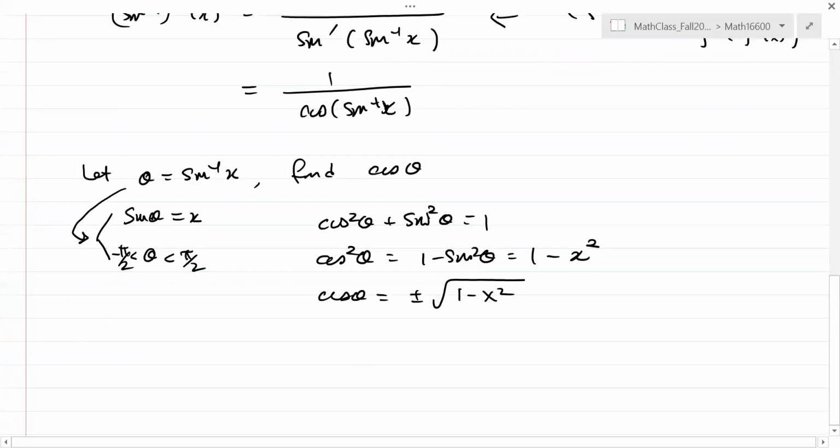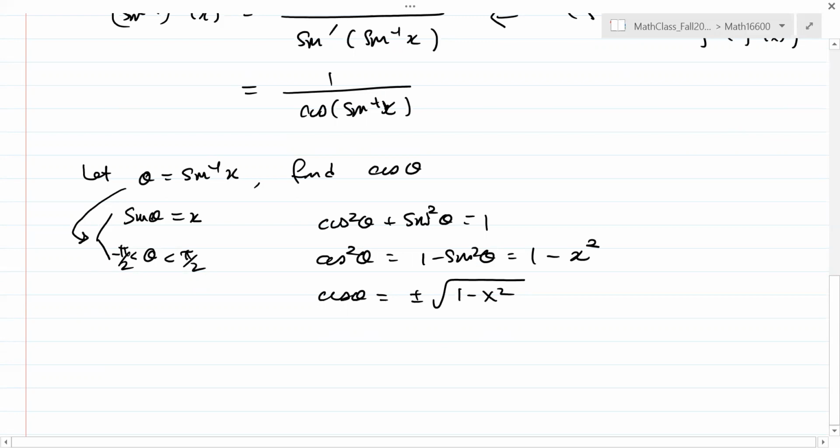So let's see. We go back to look at theta, where it's from. It's from the inverse of sine x. So from the definition of the inverse function, theta is between negative pi over 2 and positive pi over 2. So theta is in the first quadrant and fourth quadrant. For such theta, cosine theta is positive.